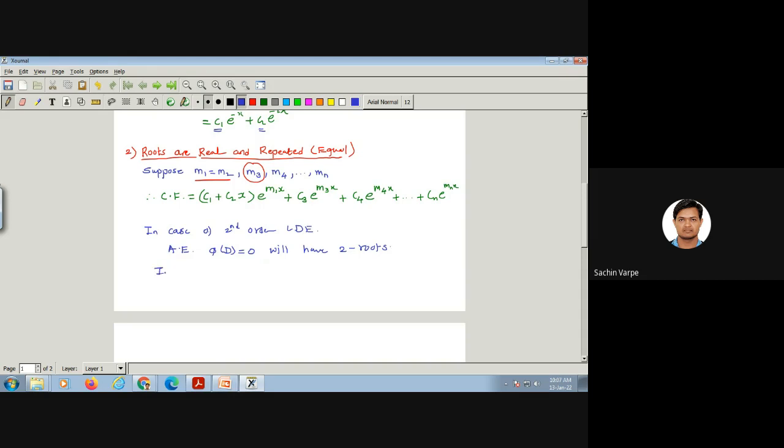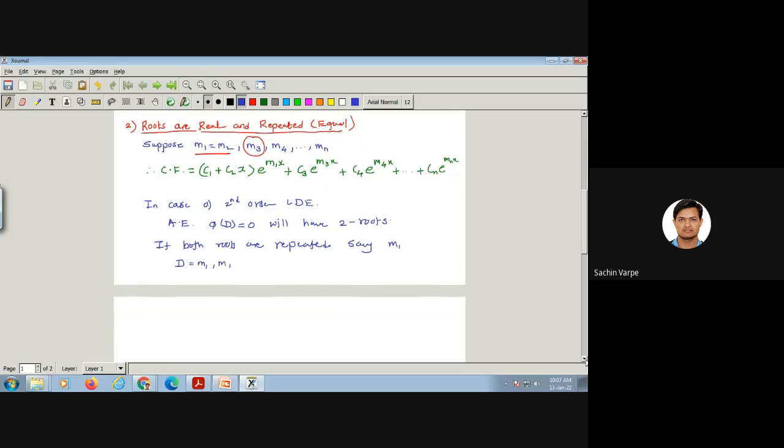If both roots are repeated, say m1, right? m1 is the root which is repeated. That is, D equal to m1 and m1 as a root.